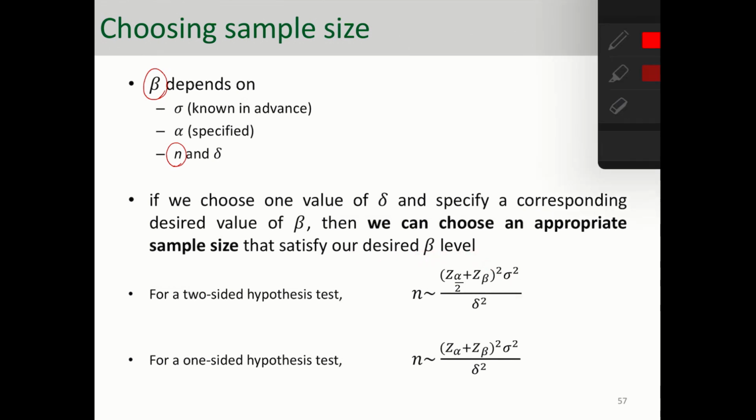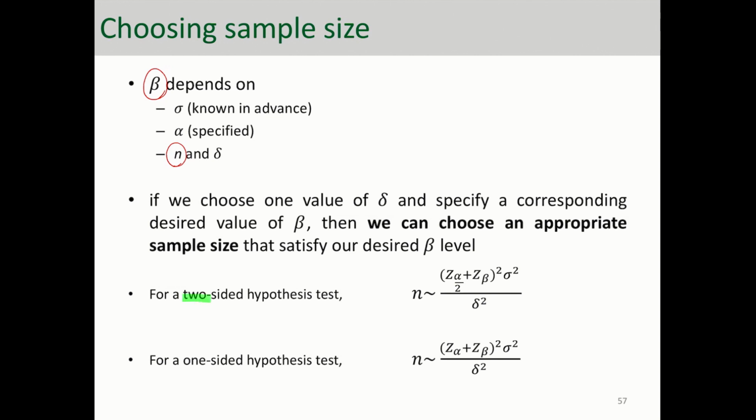For a two-sided hypothesis test, this is how you calculate n. For a one-sided hypothesis test, this is how you calculate n. And as you can see, it depends on your alpha, it depends on your beta. So beta really plays in this calculation of appropriate sample size.